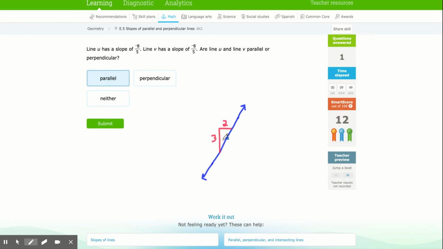Now, perpendicular means at right angles. Let's imagine this blue line being rotated about one endpoint of this little right triangle, because the red lines are perpendicular to each other, since one's vertical and one's horizontal. If I rotate it either clockwise or counterclockwise, I don't care which way, if you rotate it 90 degrees, the vertical line will end up becoming horizontal, and the horizontal line will end up becoming vertical.